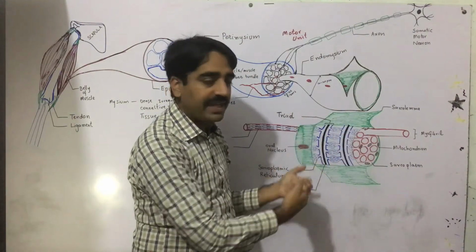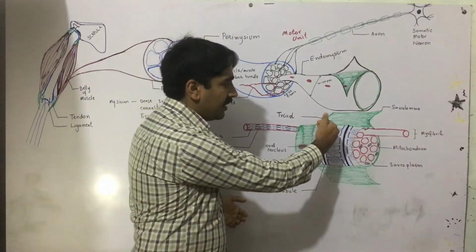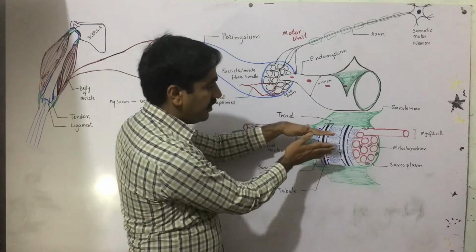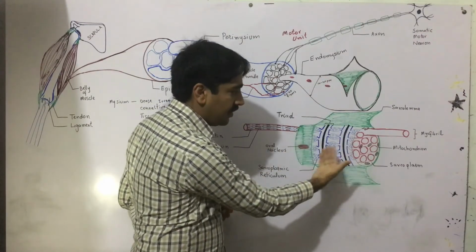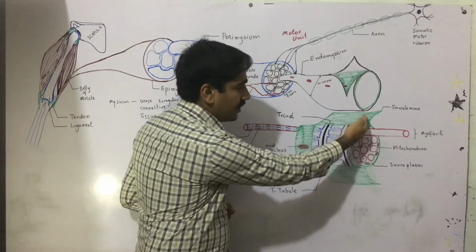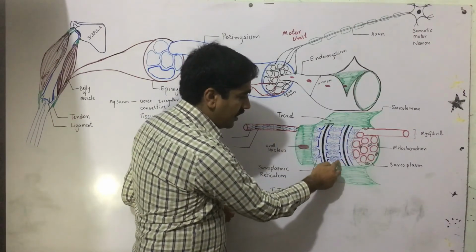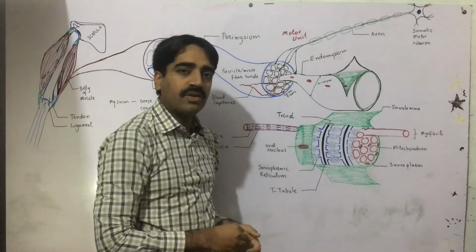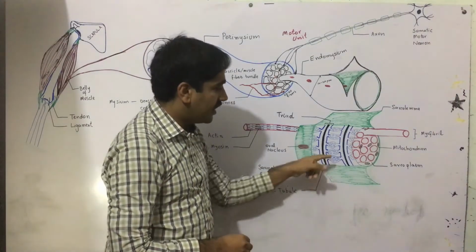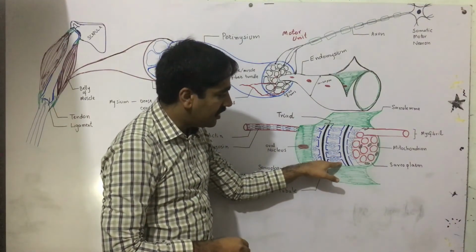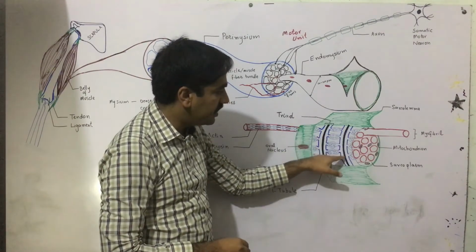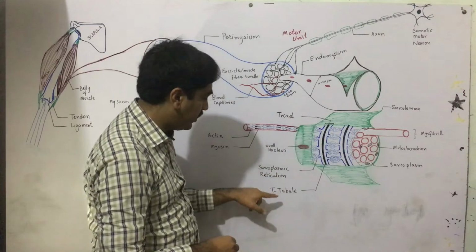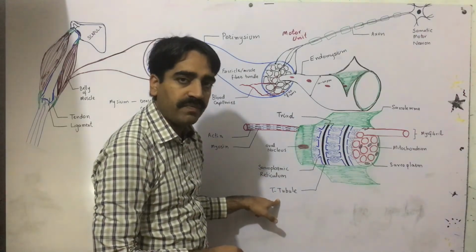Let's go into the layering of it. If we remove the sarcolemma, we see that there are two components just beneath it. You can see in blue color the sarcoplasmic reticulum, and the sarcoplasmic reticulum is associated with tubular structures. This is called the T-tubule, or transverse tubule.